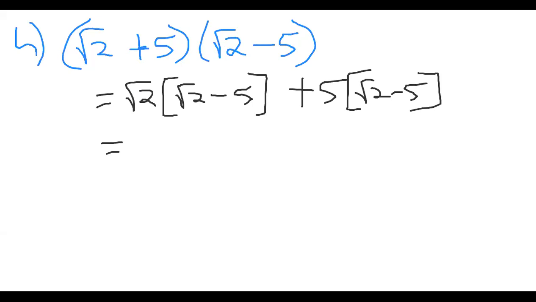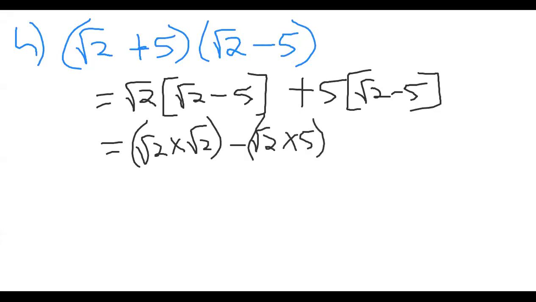This is the same as root 2 times root 2, then minus root 2 times the 5. The 5 is not under root. Then plus 5 times root of 2. And then minus 5 times 5.